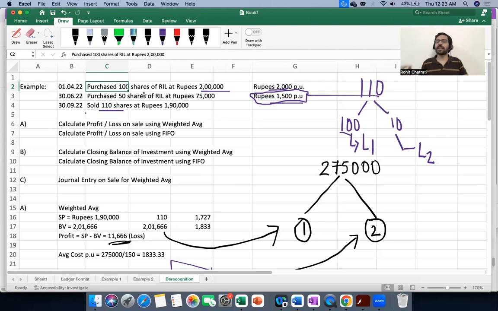Therefore, your closing balance will be 80 shares multiplied by 2000 plus 50 shares multiplied by 1500. Whatever the value is, that will be your closing balance of investments.